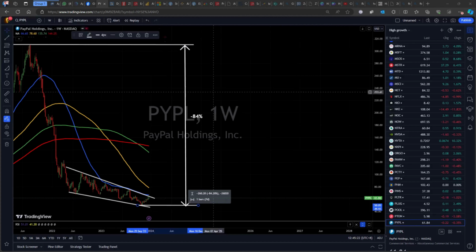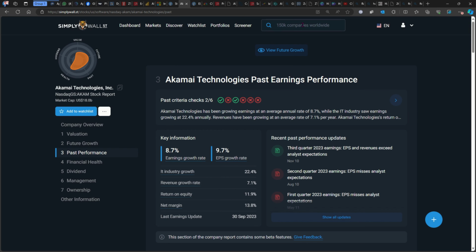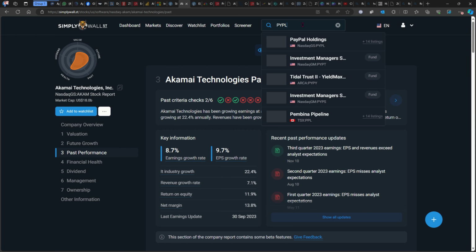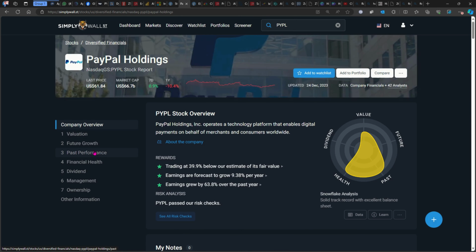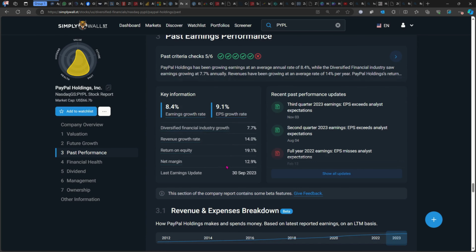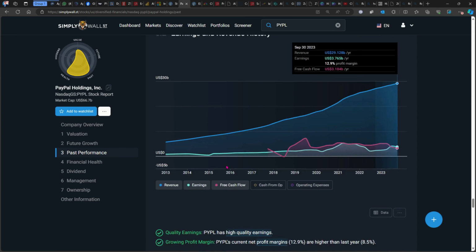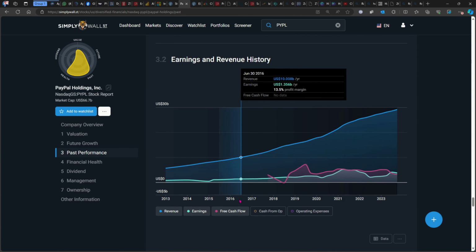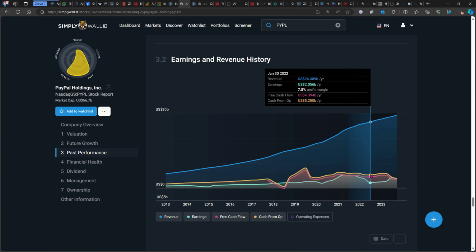Okay, and PayPal, I don't really invest in it because it doesn't really have the moat. I would like Mastercard and Visa. They are a duopoly. They have a wide economic moat. But PayPal is not globally diversified compared to Visa and Mastercard. So yeah, you can see the margins are not very consistent. Cash flow, not consistent.